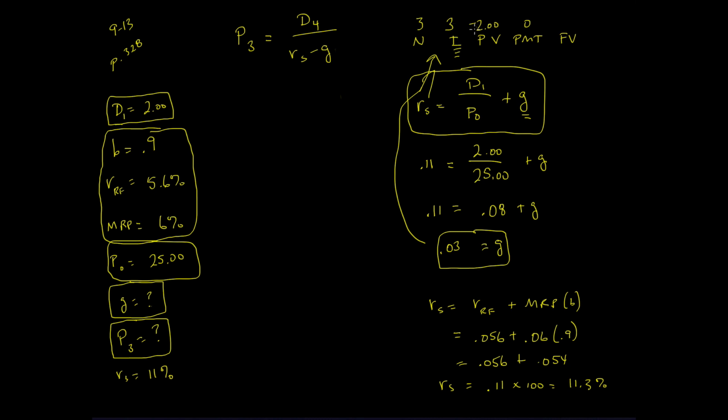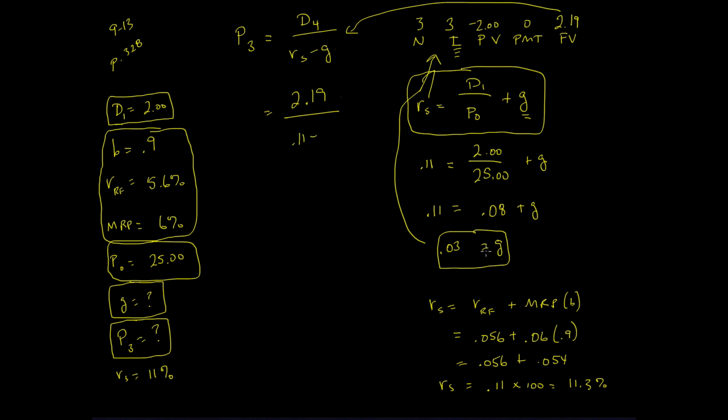3 is I, minus 2 is my present value, 0 is my payment. We find that the future value, or D4, is 2.19. Now that I have D4, I can plug back into this equation. So D4 is 2.19. R sub S is 0.11.